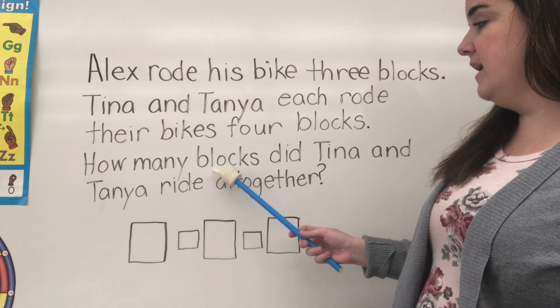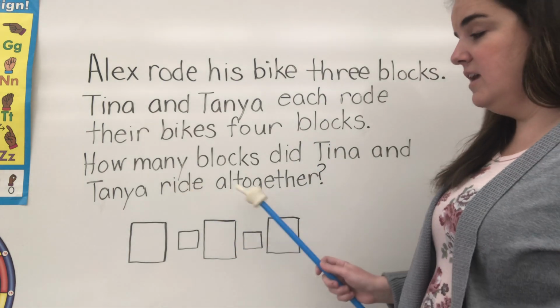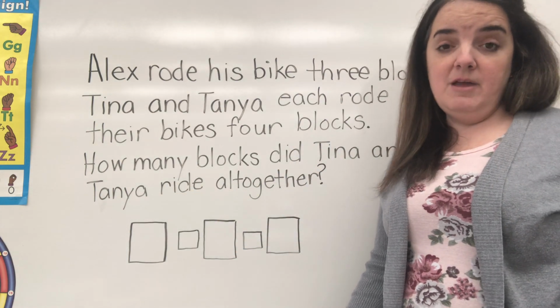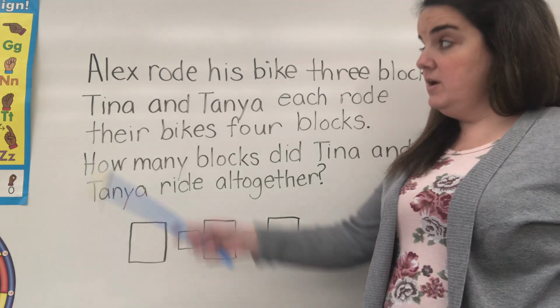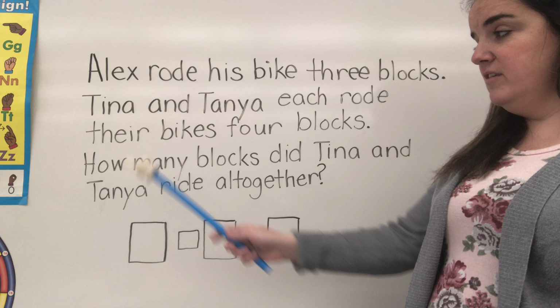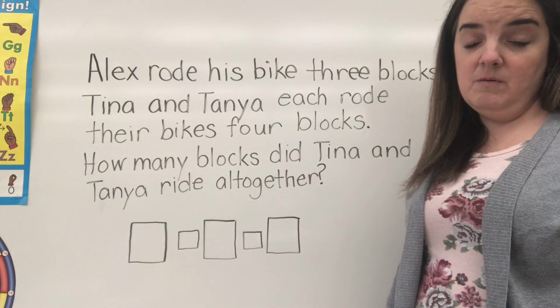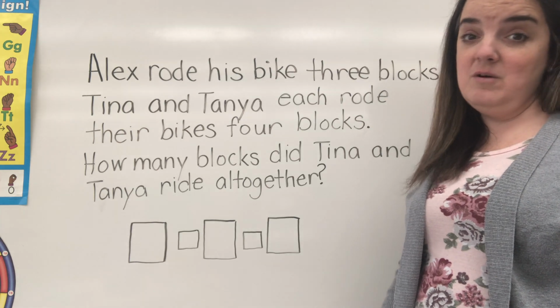How many blocks did Tina and Tanya ride together? What was the other name mentioned in this story problem? That's right, it was Alex, okay? But at the end of this question, does it ask how many blocks Alex rode? Yes or no? Correct answer is no, it does not.